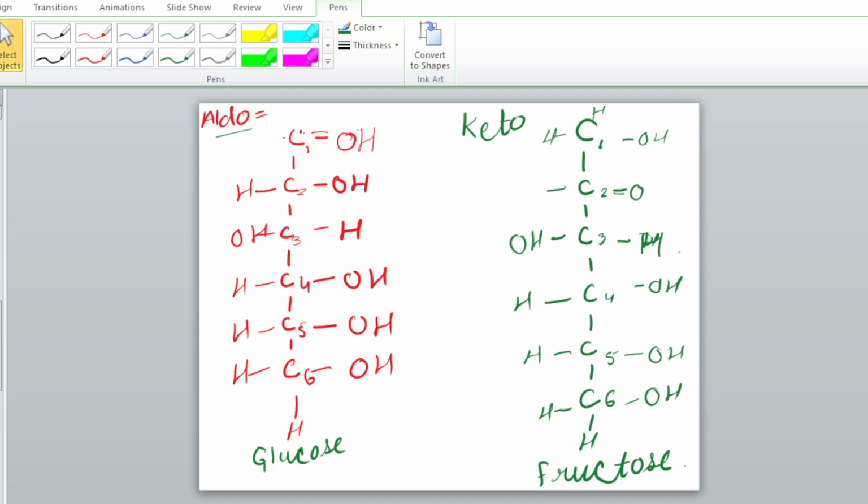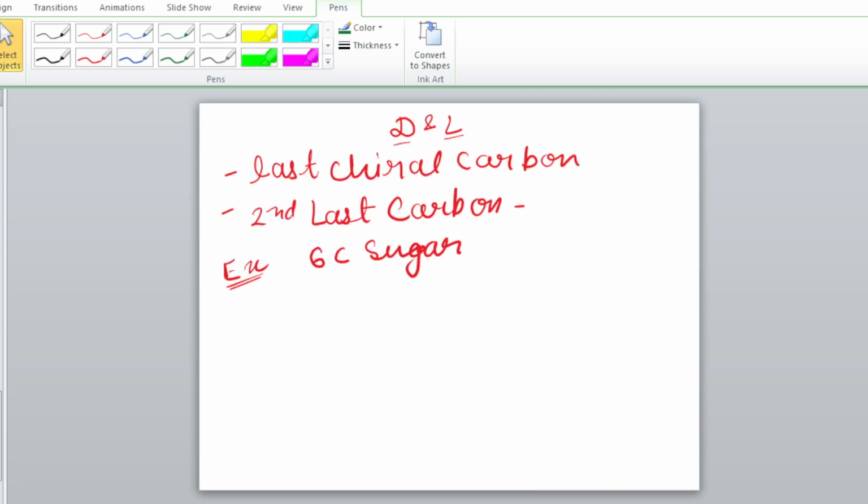Let's go back to the previous slide. We will talk about what is D form and what is L form. So we will talk about what a chiral carbon is. A chiral carbon is basically a carbon which has 4 valencies, and these 4 valencies are different from each other.